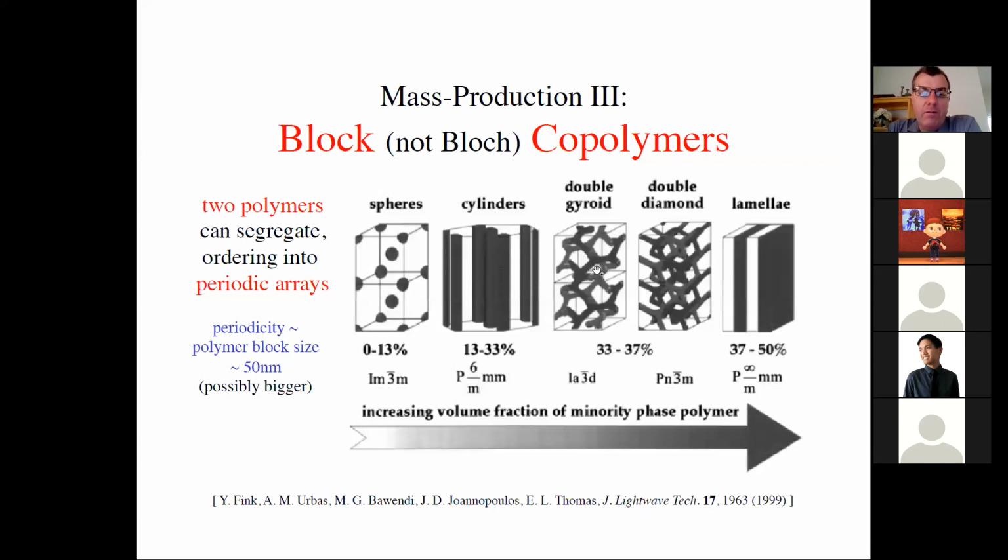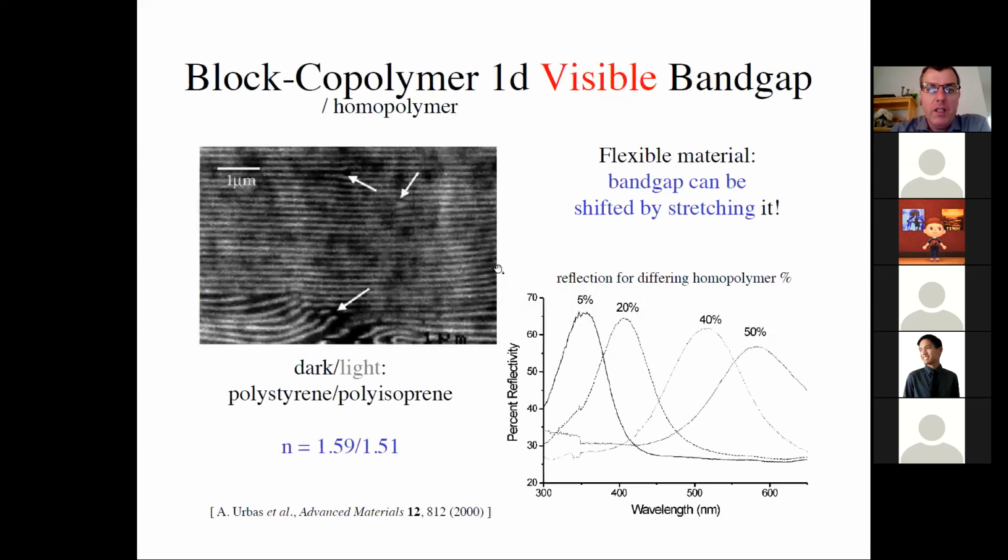These tend to form with much smaller periodicity, 50, maybe 100 nanometers. So you're looking at an ultraviolet band gap instead of a visible band gap, but still, it's absolutely fascinating physics, the way that these things self-assemble. Then sometimes they stretch it, because if you stretch it, you change the spacing. And so you can shift the band gap from the UV to the visible.